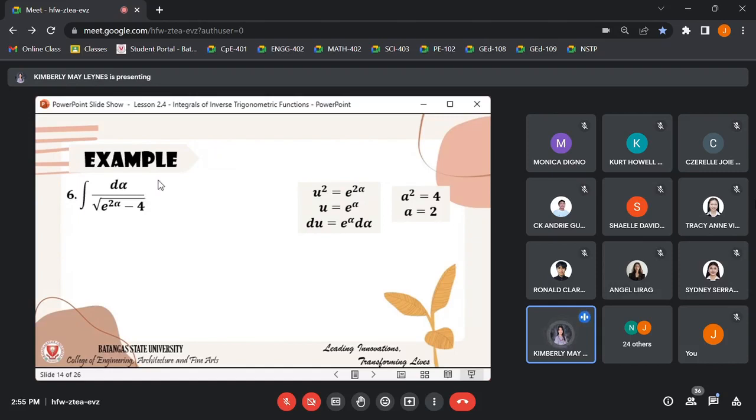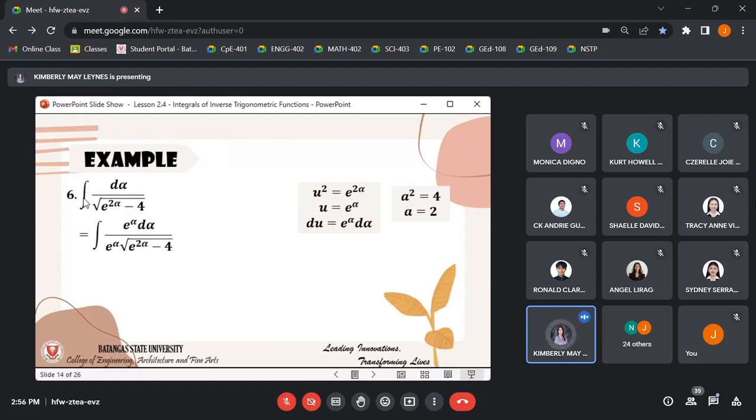Pag inilagay e raised to alpha over e raised to alpha, then magkakaroon tayo ng e raised to alpha d alpha over e raised to alpha times yung square root ng e raised to 2 alpha minus 4. Again, minultiply lang yung original natin na integrand by 1. Kasi yung e raised to alpha over e raised to alpha equal lang sa 1.